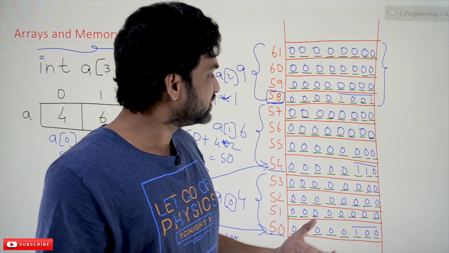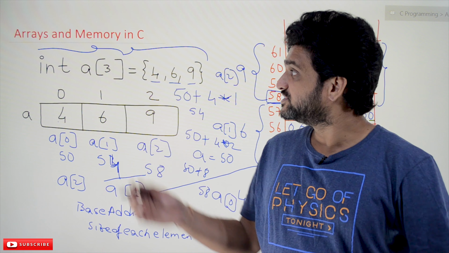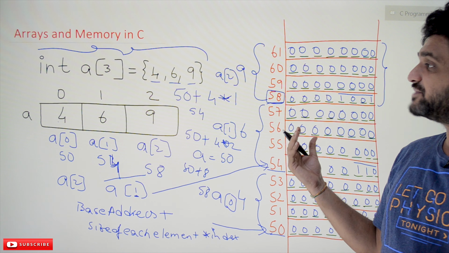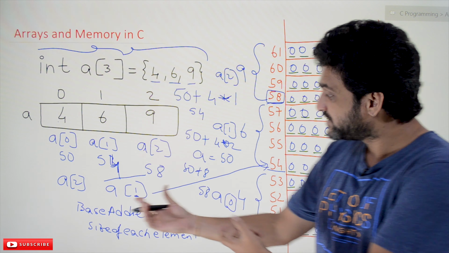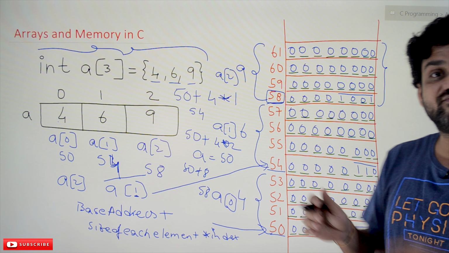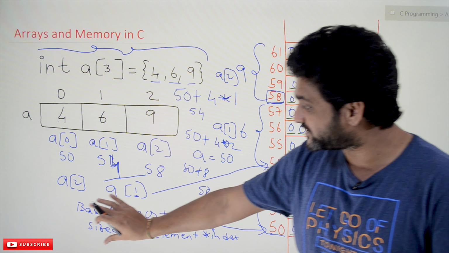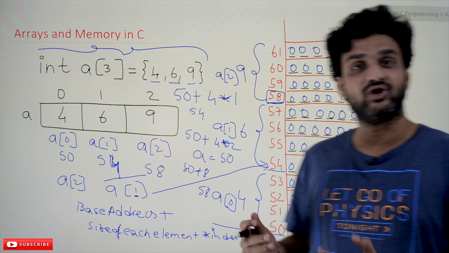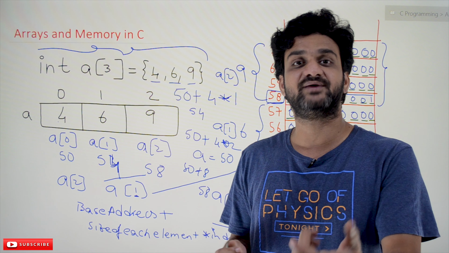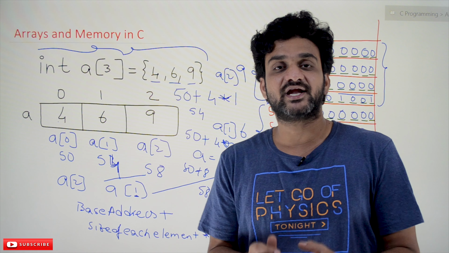So this is how the arrays will get stored in the memory, and this is how each and every element of the array will get accessed. So the important point is, it is base address plus size of each element into index. That formula is very important to understand. Hope you got the clarity on this concept.